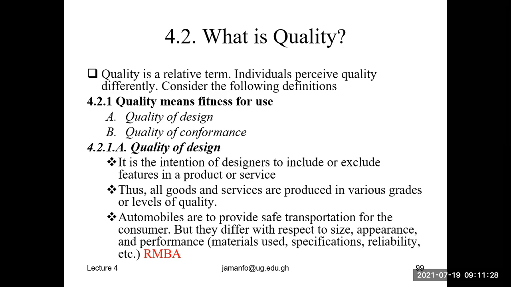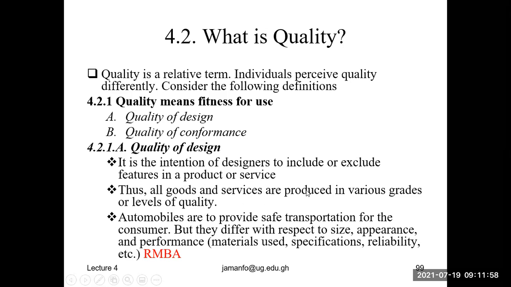The voice of the customer gives them indication of what features, what attributes the product should have. So when they are designing the product, they design it with the intention that those features the customer has expressed interest in will be included in the product. So it is the intention of designers to include or exclude features in a particular product or service.